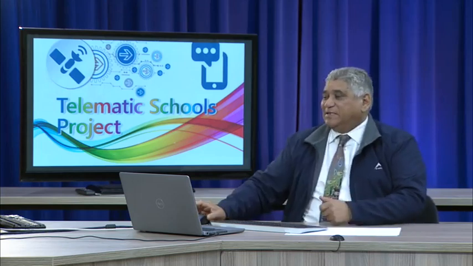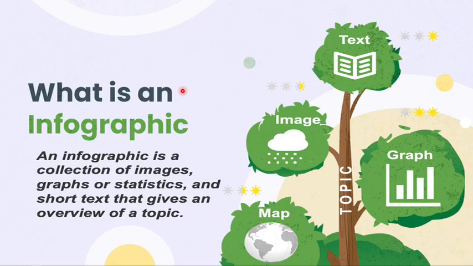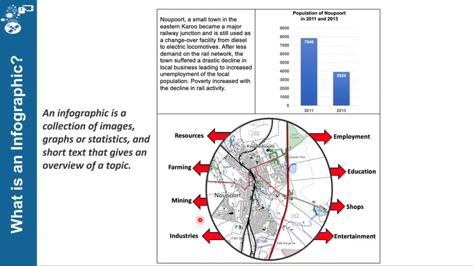Now, one thing that's coming up is something called an infographic. What is an infographic? And you must know how to deal with an infographic. This that you see here now is an infographic. But before I proceed, let's look at what an infographic is. An infographic is a collection of images, graphs or statistics and a short text that gives an overview of a topic. Have a look at this.